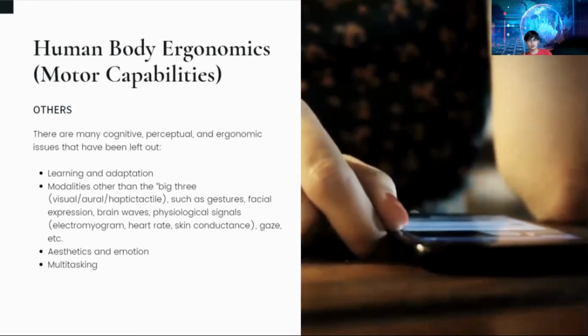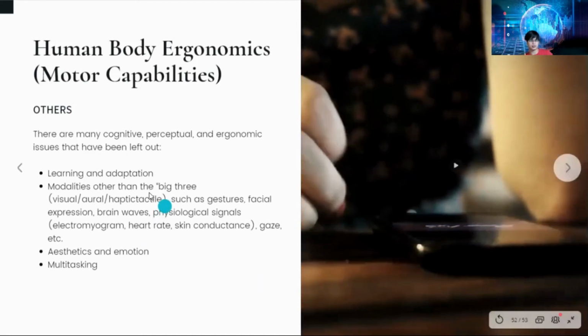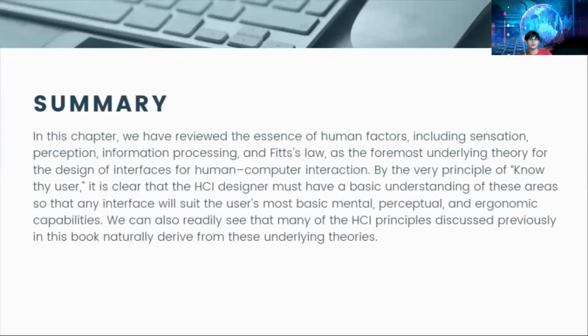We have visual, aural, and haptic or tactile, such as gestures, facial expression, brain waves, physiological signals such as electromagnetic, heart rate, skin conductance, gaze, etc. And then aesthetics and emotion and multitasking. So that would be all for this chapter.